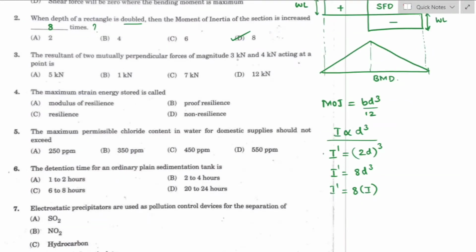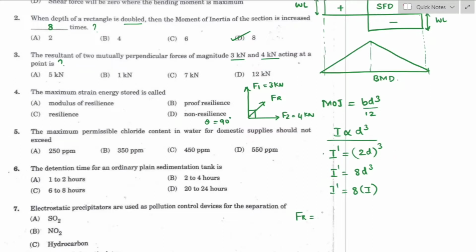Question number 3. The resultant of two mutually perpendicular forces of magnitude 3 kN and 4 kN acting at a point is. So these are the perpendicular forces, F1 is 3 kN and F2 is 4 kN. We have to find the resultant force, and the angle between these two forces is 90 degrees.